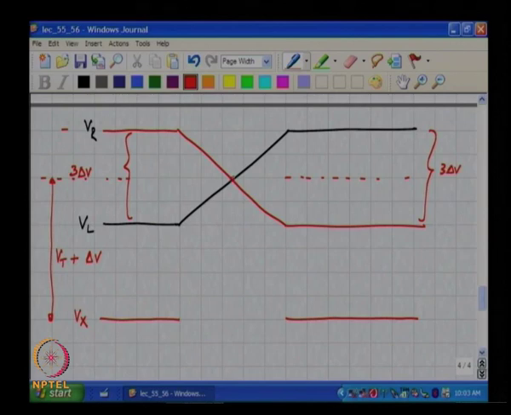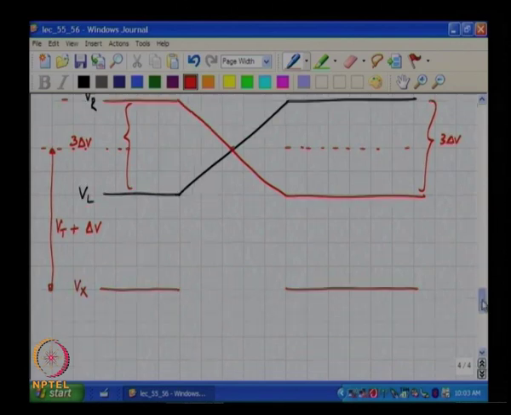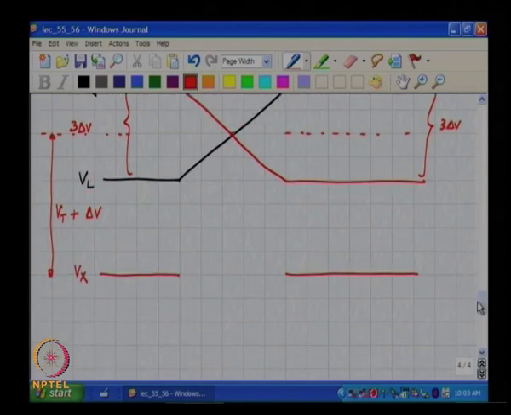At the cross point, what happens? Vx will be Vt plus delta V by root 2 from this voltage. So, do you think it will be lower than this or higher?